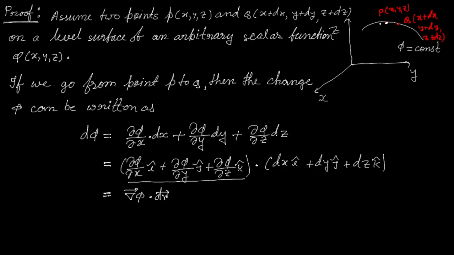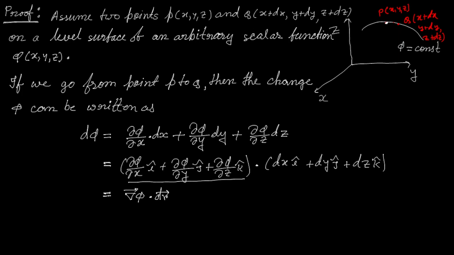So if we go from point P to Q, any change in phi can be represented this way. But we have assumed that P and Q lie on the same level surface of an arbitrary scalar function phi.